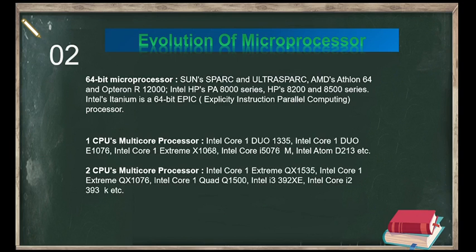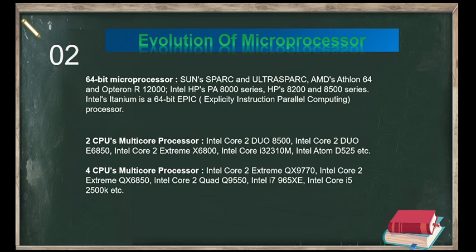Nowadays, multi-core processors have been developed. 2, 4, 8 or more CPUs are placed on a single IC chip. Examples of multi-core processors having 2 CPUs on a single chip are Intel Core 2 Duo 8500, Intel Core 2 Duo E6850, Intel Core 2 Extreme X6800, Core i3 231M, Intel Atom D525, and so on.